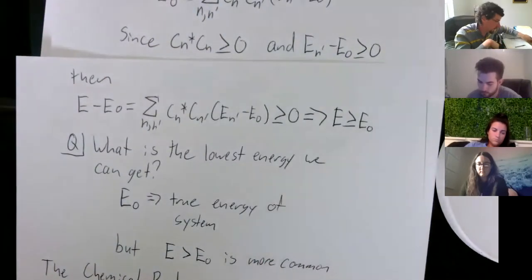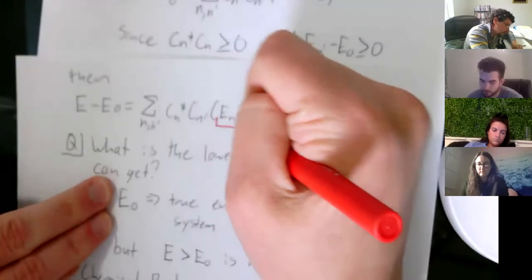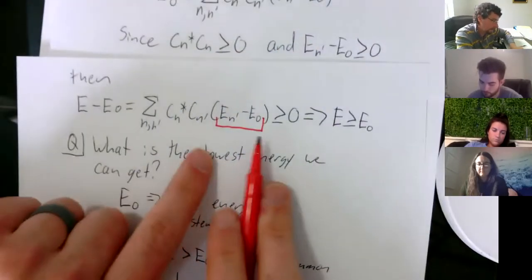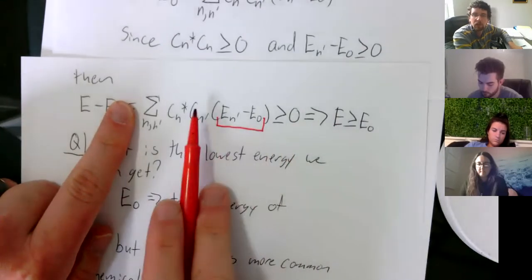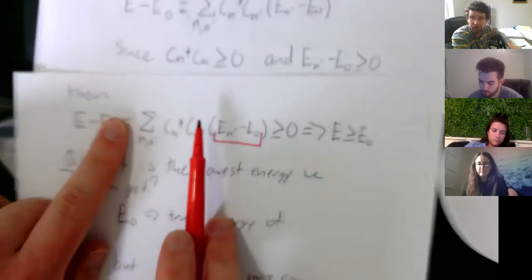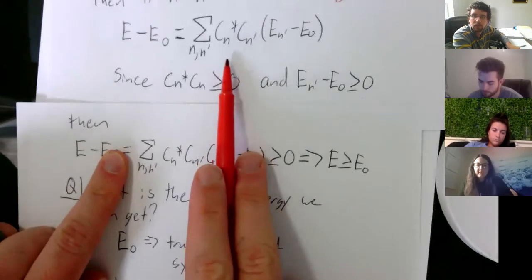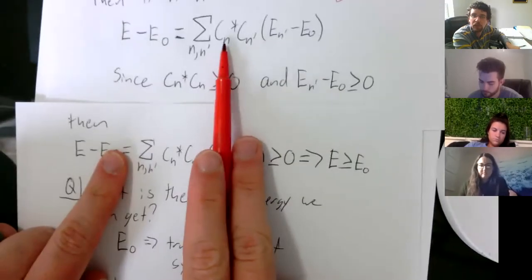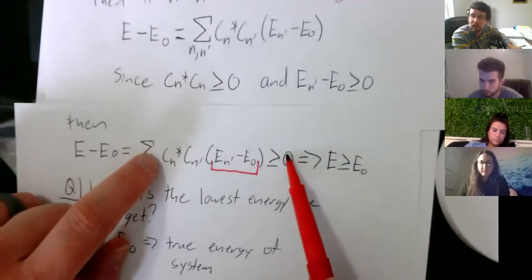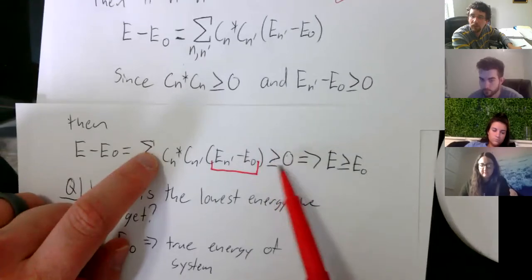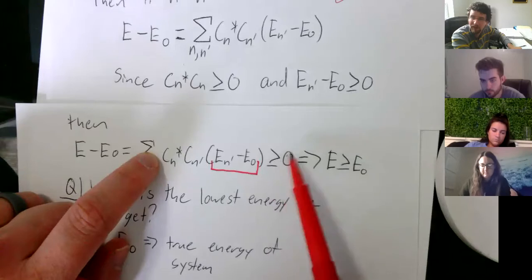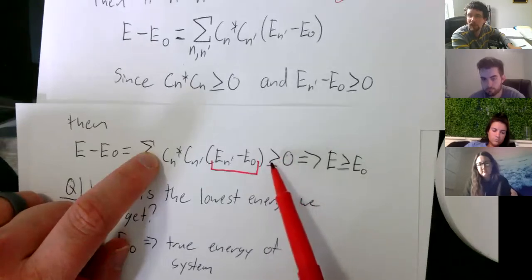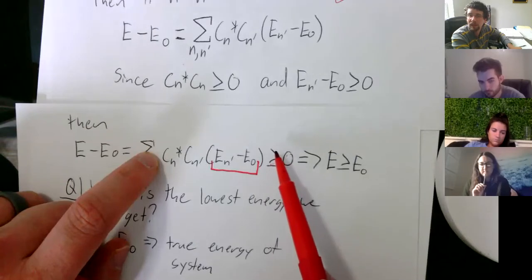If you look at this part of the expression right here, and we have this mathematics along this line, we have two possibilities: this portion and this portion both have to follow this expression. They have to be greater than, excuse me, greater than or equal to 0.